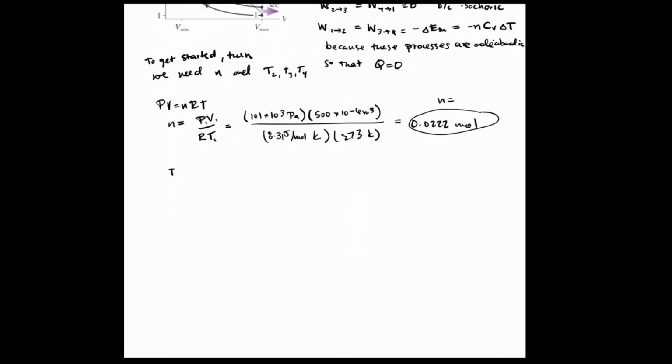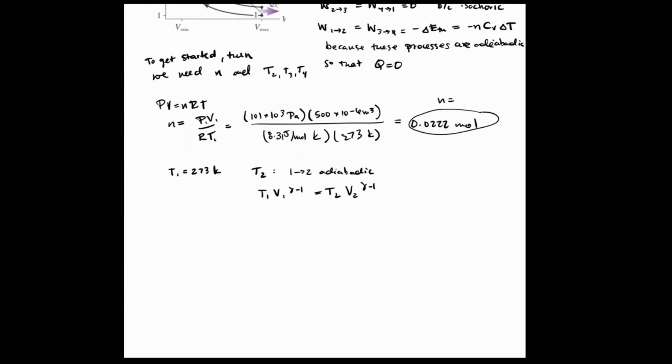So now we need to figure out the temperatures. We know temperature at point 1 is going to be 273 K, that's standard temperature and pressure. And then to get T2, we're going through what we know is an adiabatic process. So from 1 to 2, this is the first time we're really dealing with these sort of changes that are adiabatic.